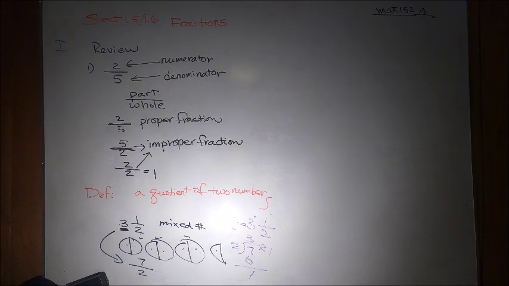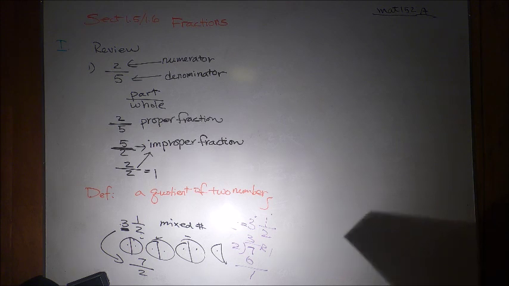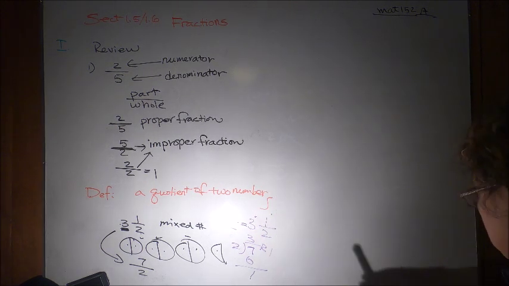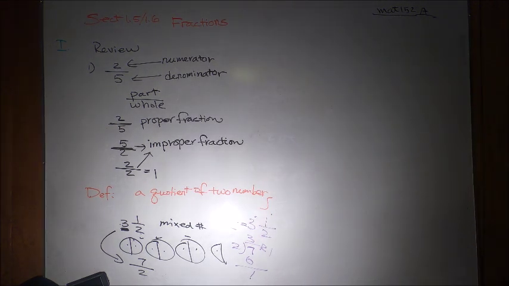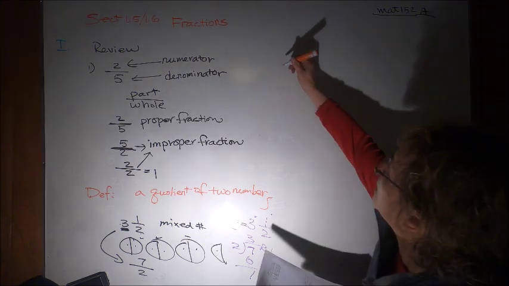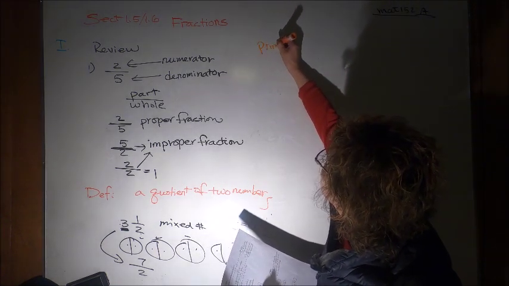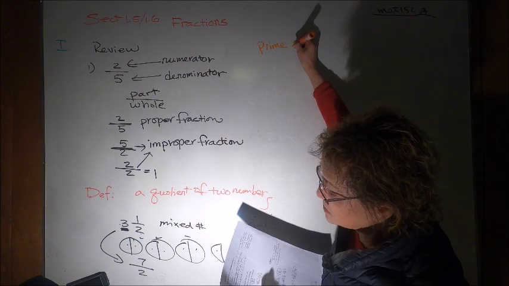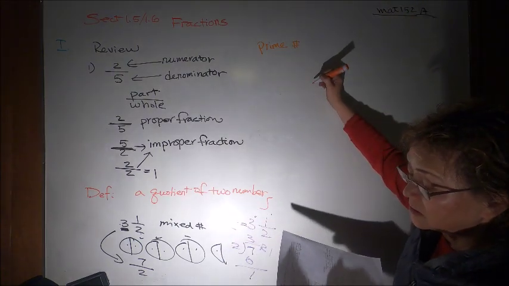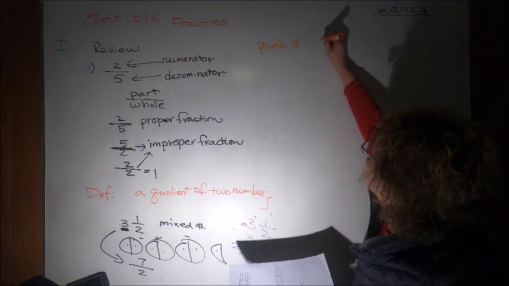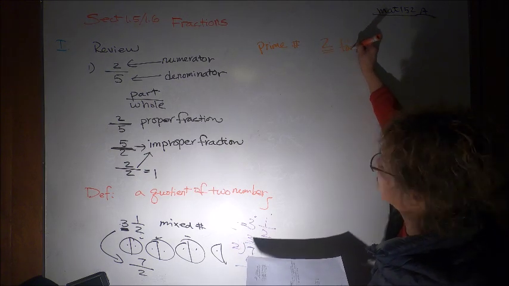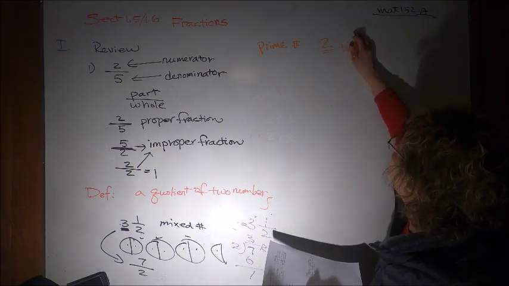So, another thing we wanted to talk about, that's the definition of a quotient, right? Another thing we want to talk about is prime numbers. What are prime numbers? A prime number has exactly 2 factors, 2 divisors.